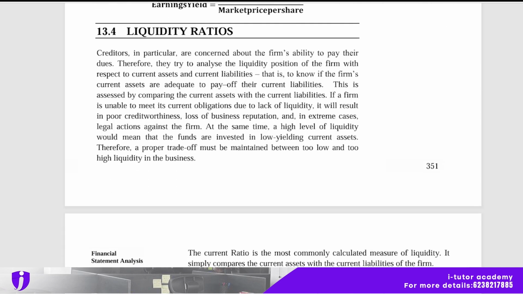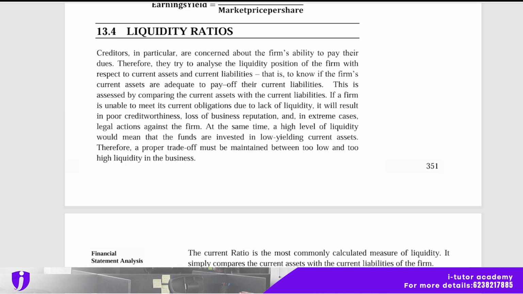Creditors in particular are concerned about the firm's ability to pay their dues. Therefore, they try to analyze the liquidity position of the firm with respect to current assets and current liabilities. That is to know if the firm's current assets are adequate to pay off its current liabilities. This is assessed by comparing the current assets with the current liabilities.